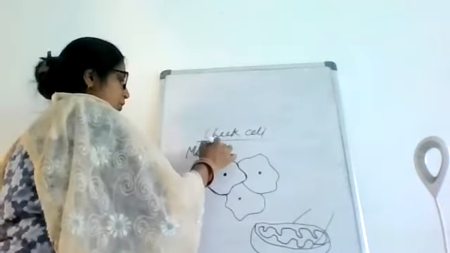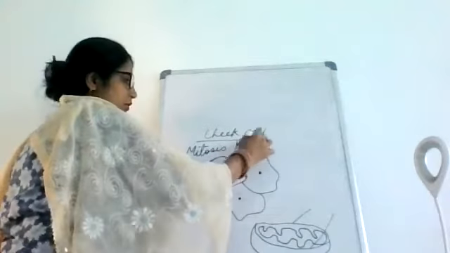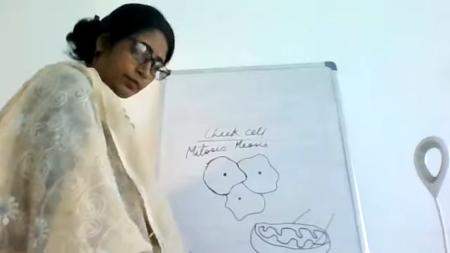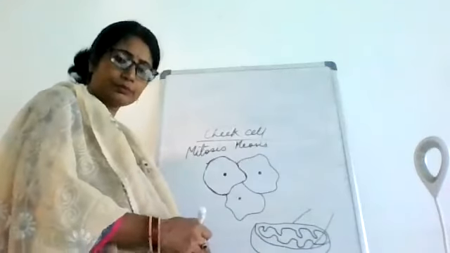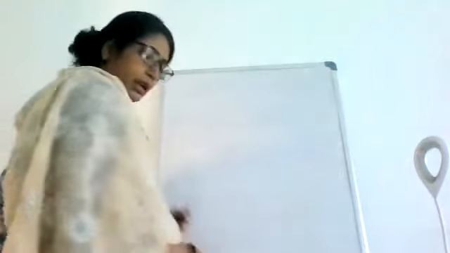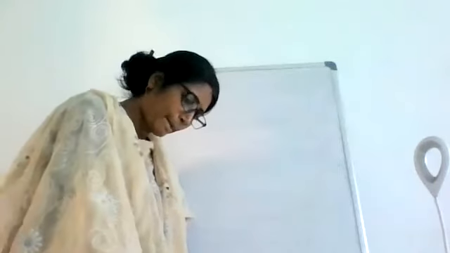Spelling: mitosis, meiosis. Cell division by mitosis and meiosis. Written everybody? Yes, ma'am. Then you can write the example.